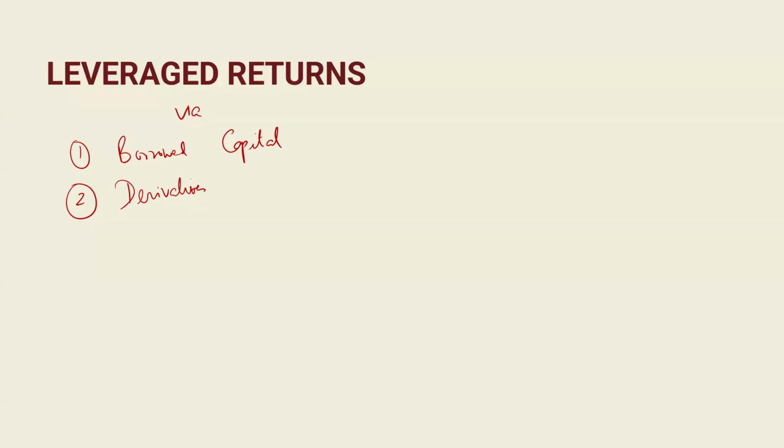Basically, the idea is we try to control very large positions with small margins. For example, there is something called the futures contract. Many of you might already be aware of this, but those who are not, we'll deal with the derivatives segment later on. Let's say we talk about commodity futures.